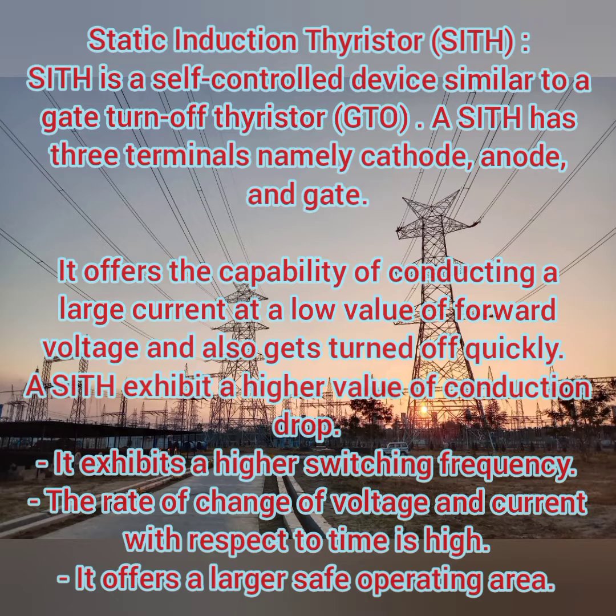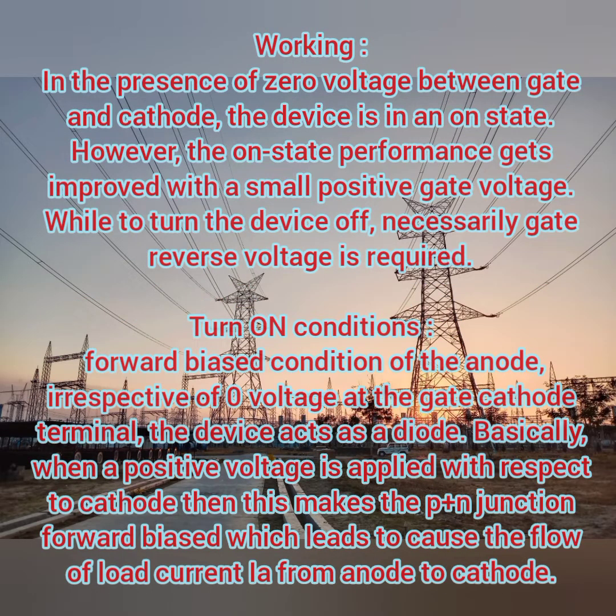Then coming to the working of SITH. In the presence of zero voltage between the gate and cathode, the device is in on state. However, the on state performance gets improved with a small positive gate voltage. While to turn this device off, a gate reverse voltage is required.